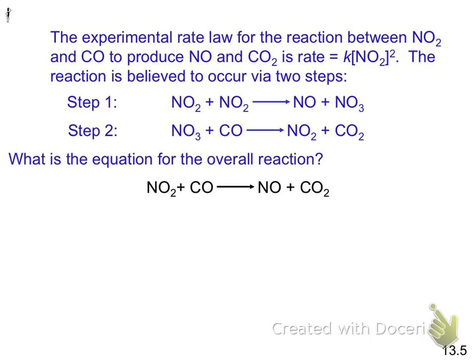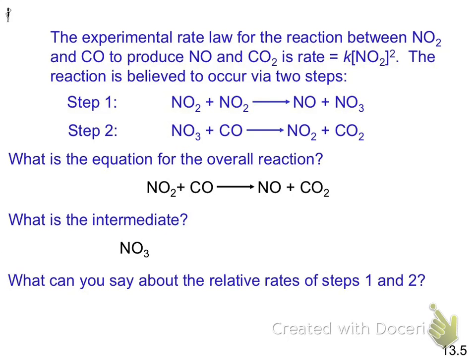All right, now, we want to know which one of these two, step 1 or step 2, is the rate determining step. What is the rate determining step? Well, first of all, what's the intermediate? There you go, NO3. NO2 is also an intermediate, but it's a special intermediate. It's called a catalyst. I'll talk about that in a later video. What can you say about the relative rates of steps 1 and 2?